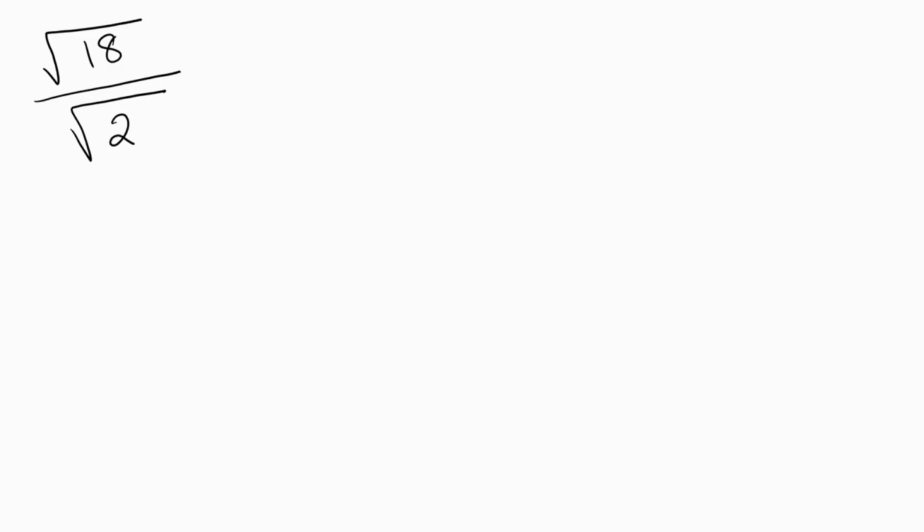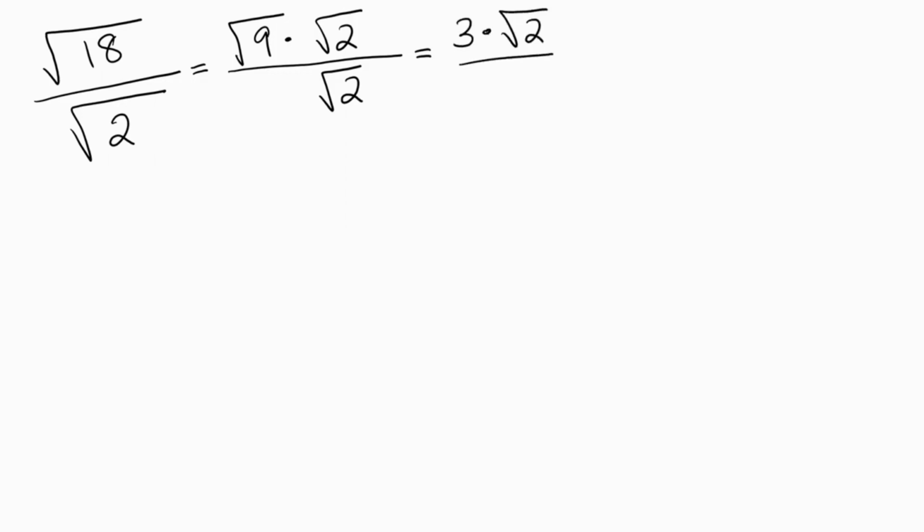Okay, so I'm going to use a rule that says I can break up my radical, and I'm going to do a factor of it. So 18 has the factors of 9 and 2. So I'm going to square root of 9, square root of 2. And on the bottom, I just have my square root of 2. And the square root of 9 is a perfect square, and it's actually 3. So then I have 3 square root of 2 over square root of 2.